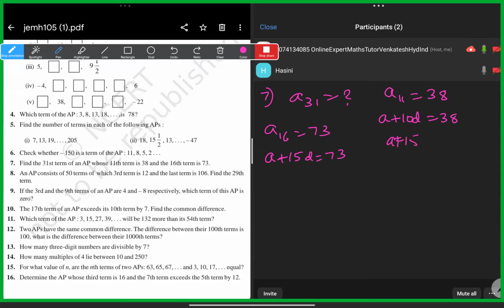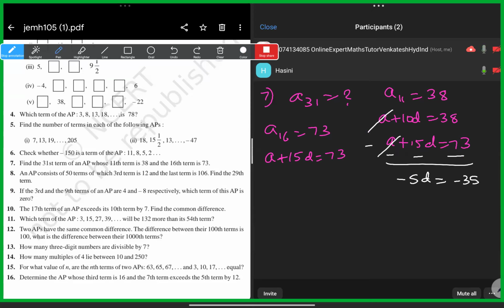We can find out a and d using these equations. So I'm doing subtraction, same signs will change. a will become minus a, 15d will become minus 15d, 73 will become minus 73. So 10d minus 15d is minus 5d, and 38 minus 73 is minus 35.